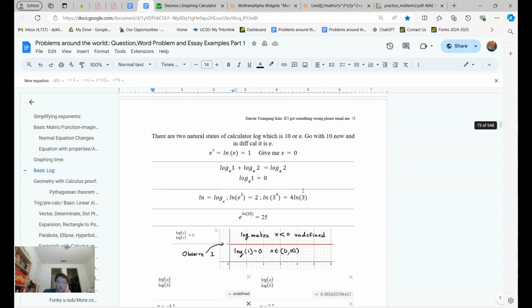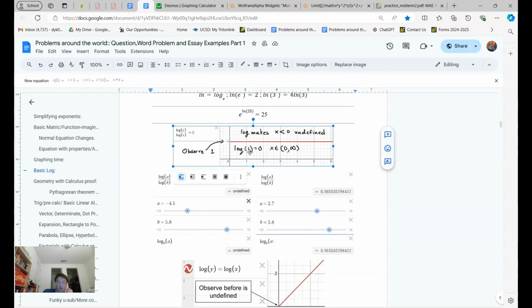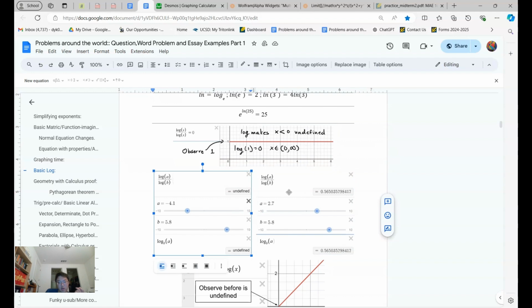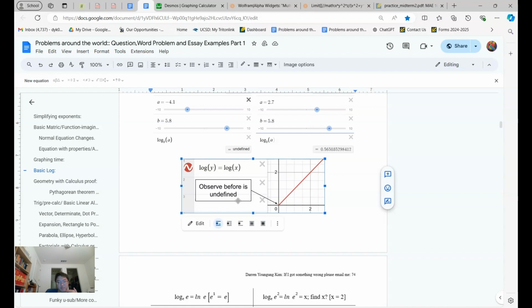So basic log was interesting because the way I showed this was with log y divided by log x to show that if it goes to zero, it doesn't work. But then immediately after I showed this thing, it's kind of confusing because when I show a negative over here, actually it's not that confusing looking at it again. It kind of shows what's happening.